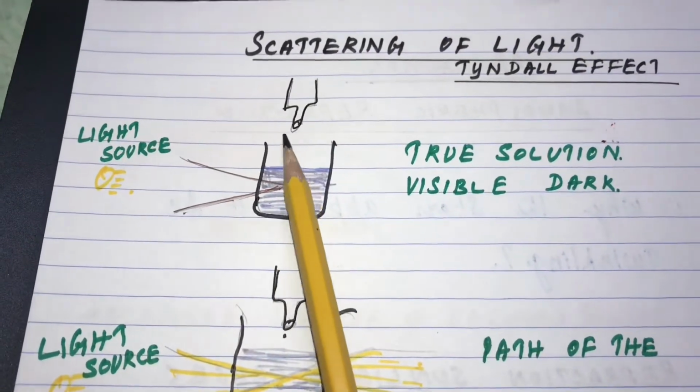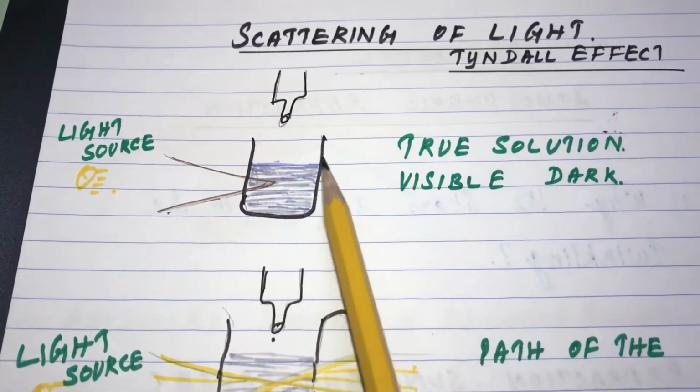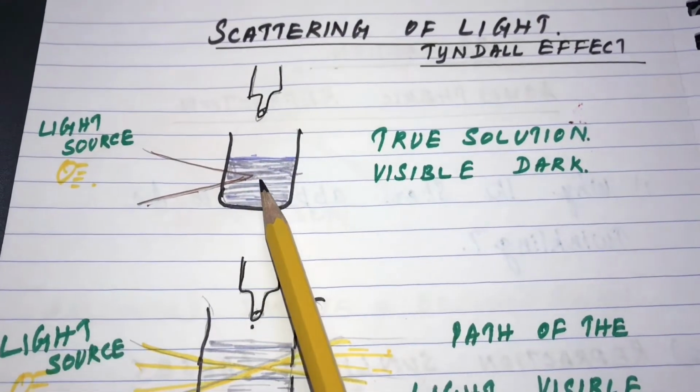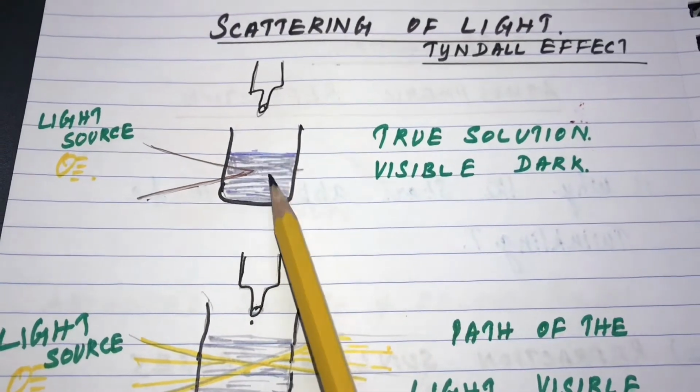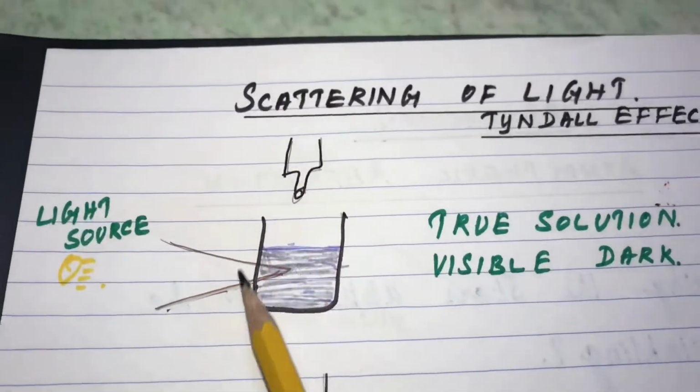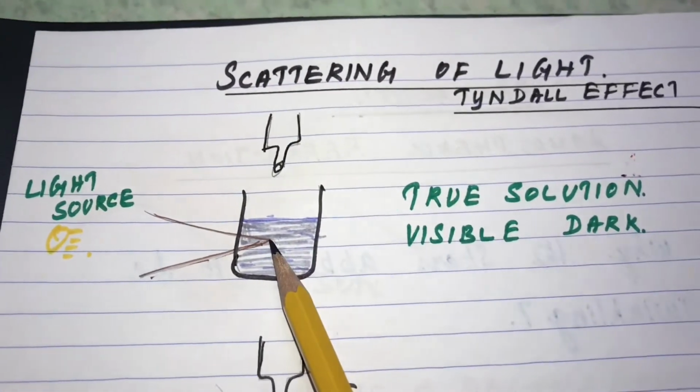Consider a beaker containing a true solution. A true solution means a solution like salt solution or sugar solution, an optically clear solution.